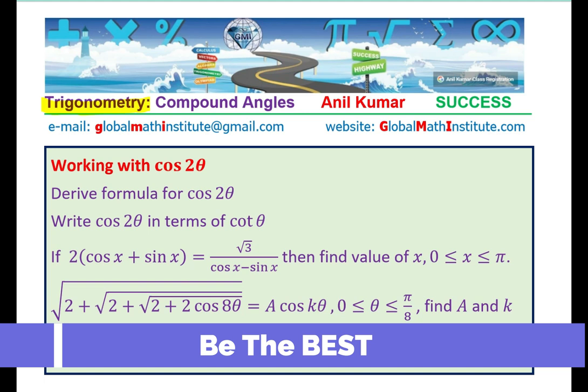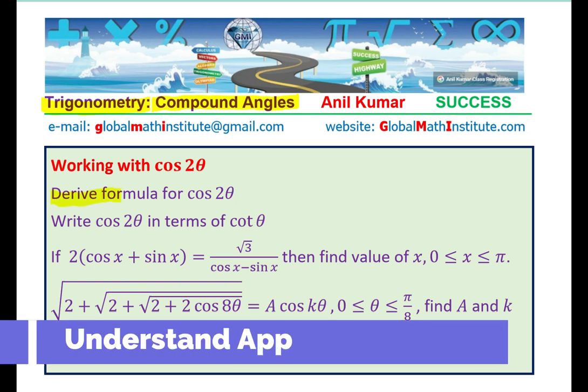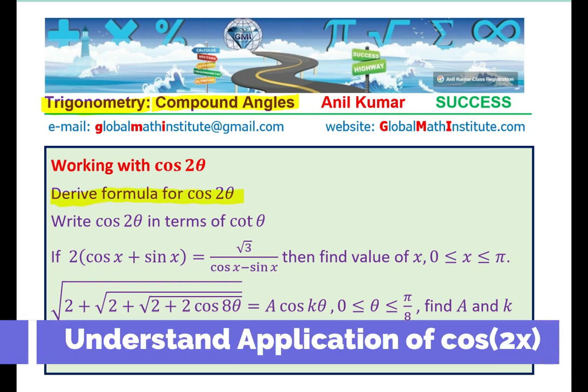We are talking about the compound angle, where we know the formulas for sin(A+B), cos(A+B), and so on. In this video, we'll derive the formula for cos 2 theta and then write cos 2 theta in different forms. For example, we could write it in terms of cotangent theta.